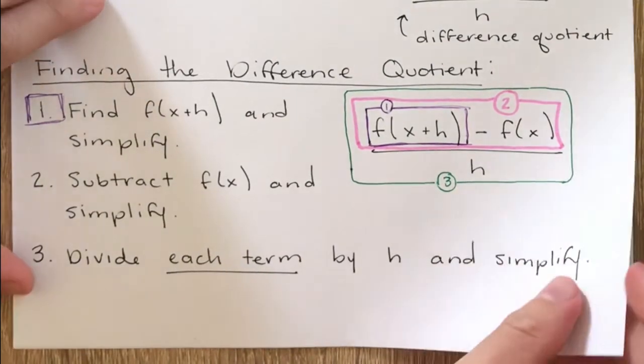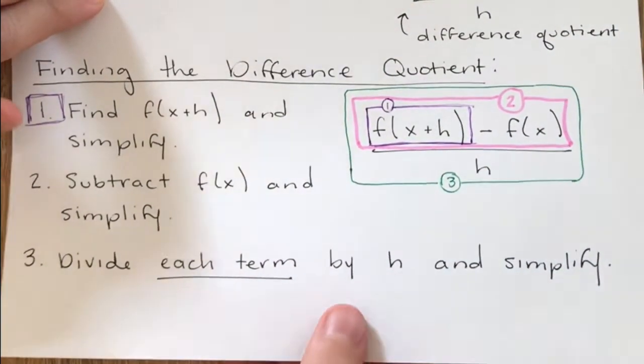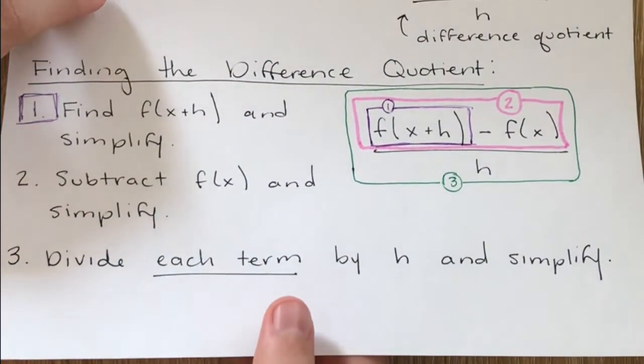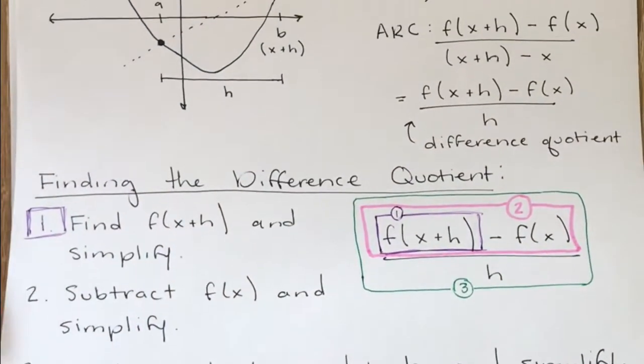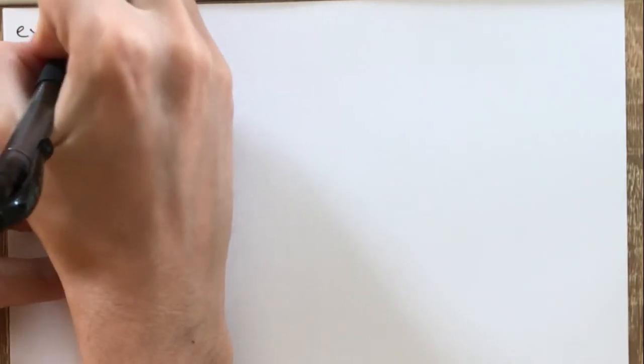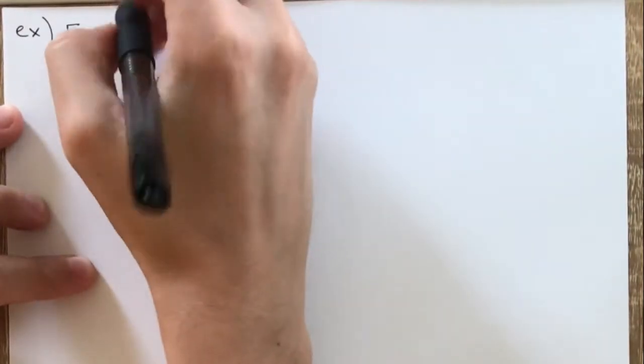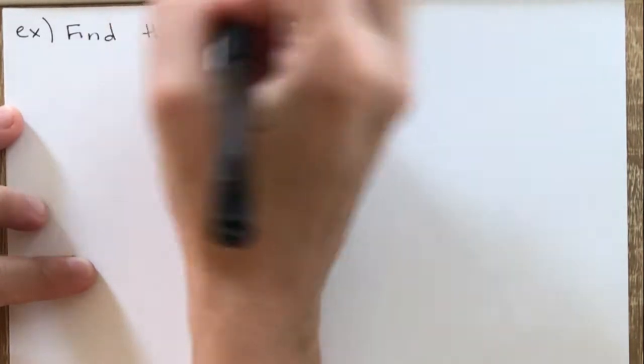Okay, let's use those steps to look at the example we looked at for average rate of change. So let's find the difference quotient of f of x equals 7x squared plus 4. Same problem we looked at for average rate of change.